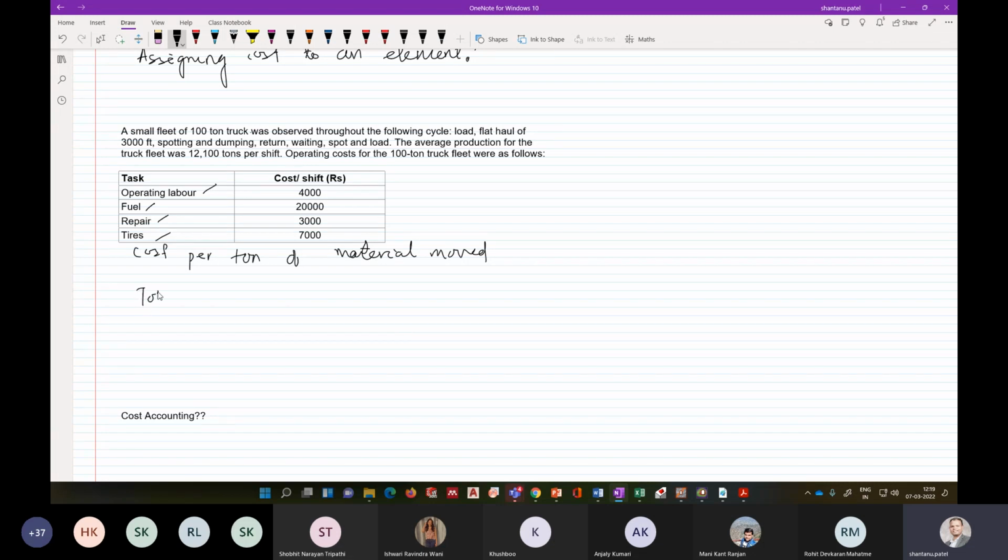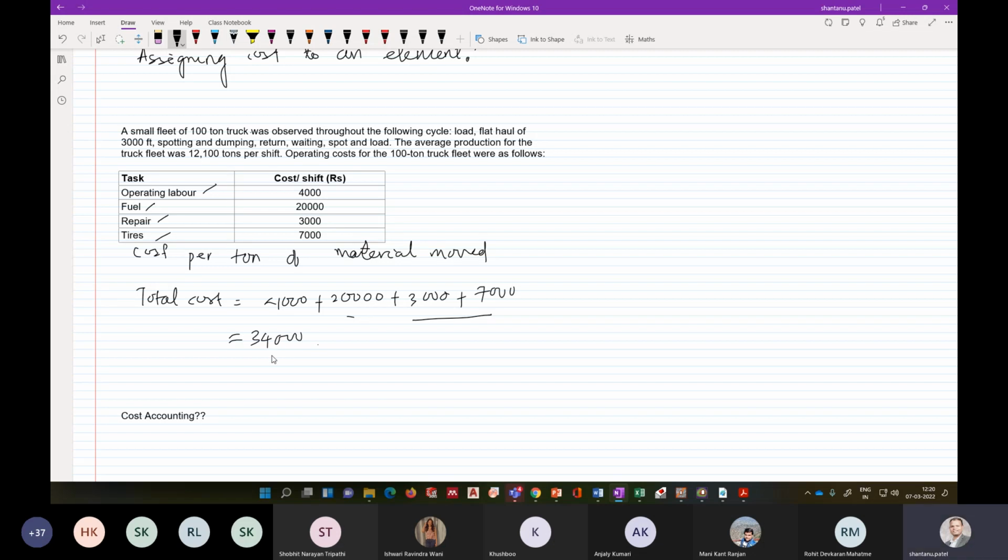The total cost equals 4,000 plus fuel of 20,000 plus repair of 3,000 plus tires per shift, let's say you are spending 7,000. So this is 34,000.